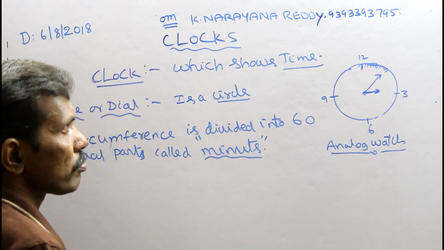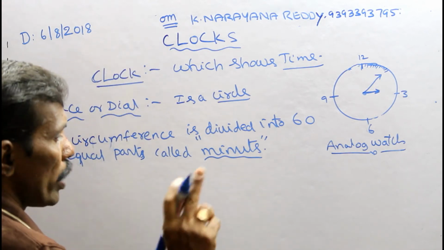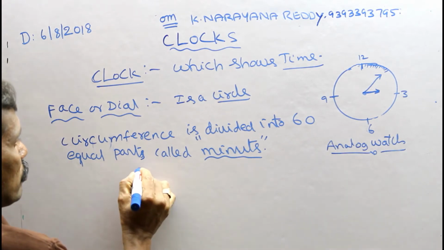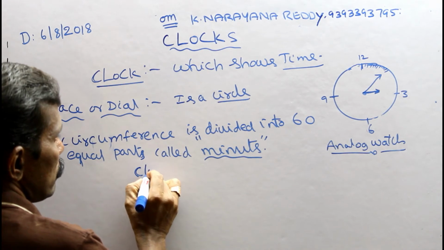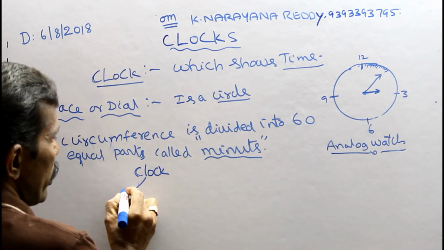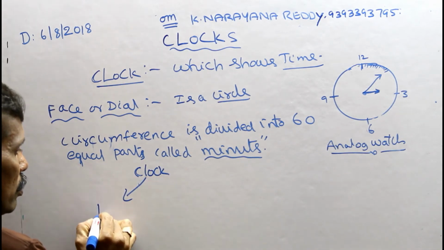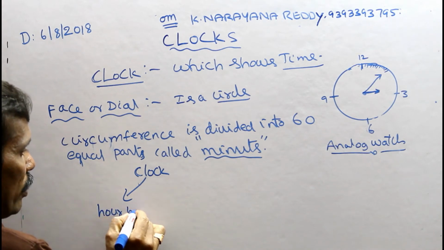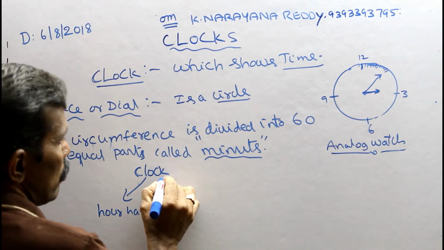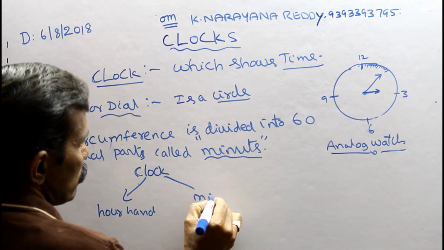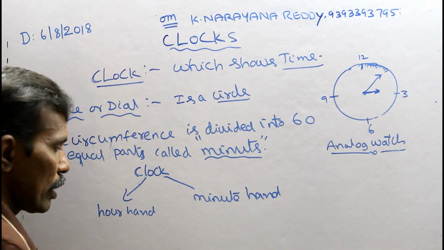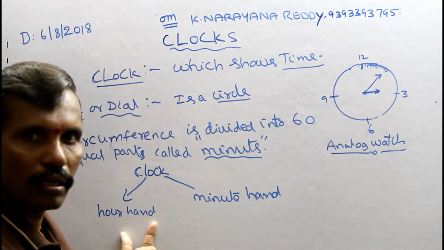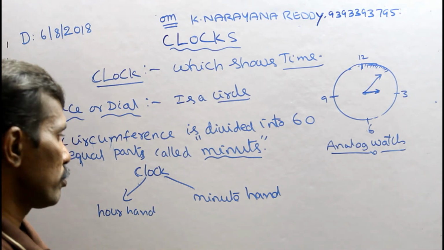Now, the clock contains 2 hands. Number 1 is the hour hand, number 2 is the minute hand.